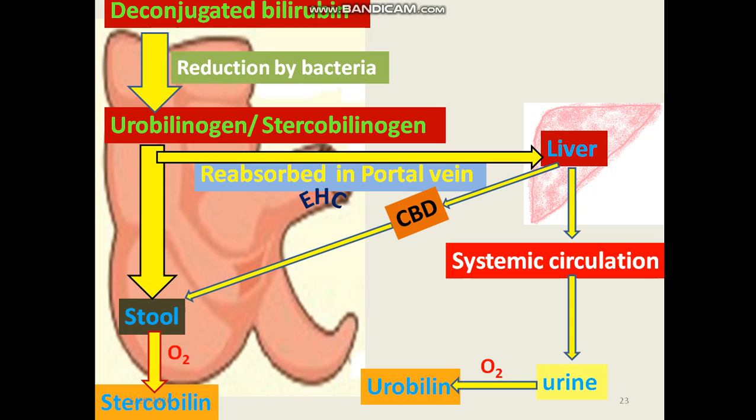But 10% of this urobilin or stercobilin is absorbed into the portal vein, goes to the liver, and through the liver it is released by the common bile duct to the intestine. This is called enterohepatic circulation, meaning from intestine to liver and from liver to intestine.